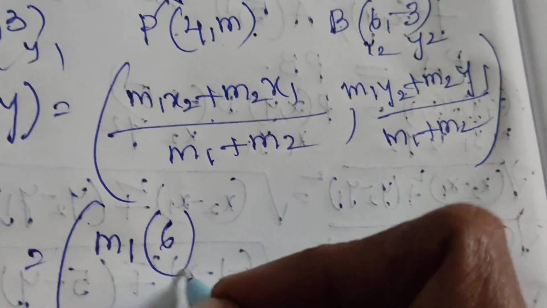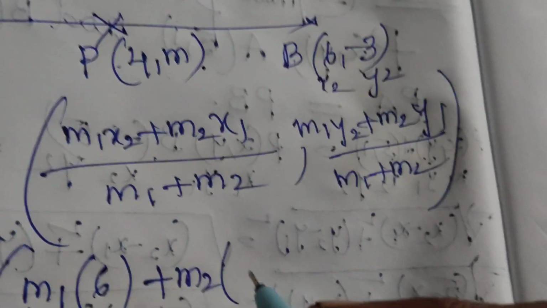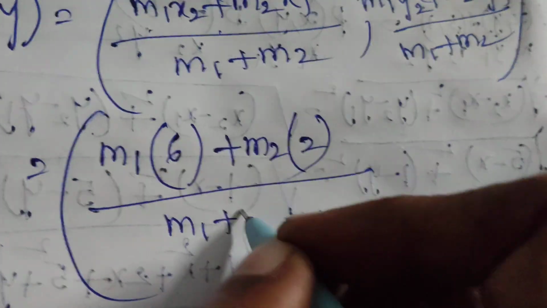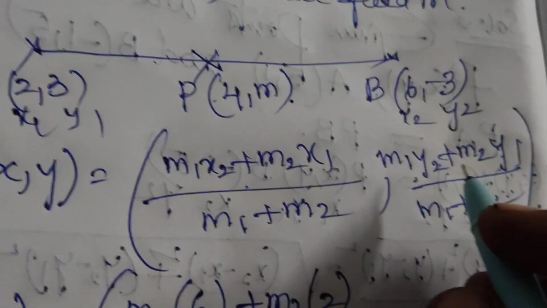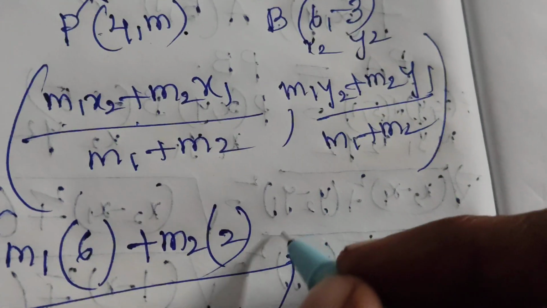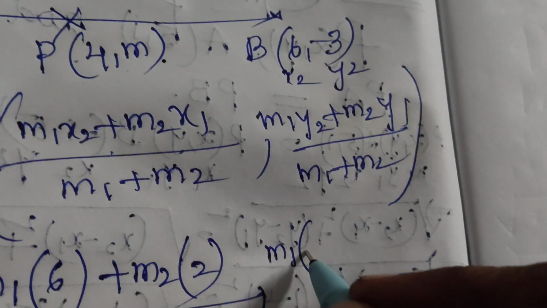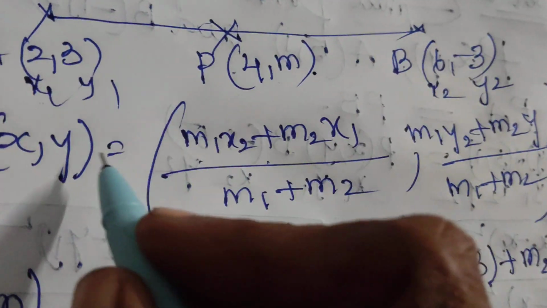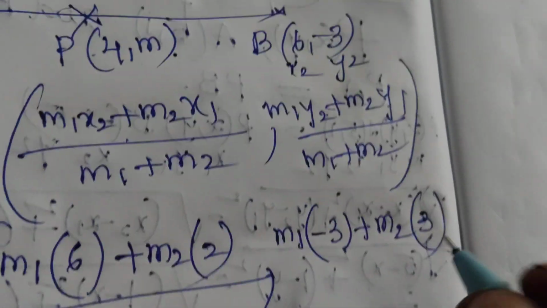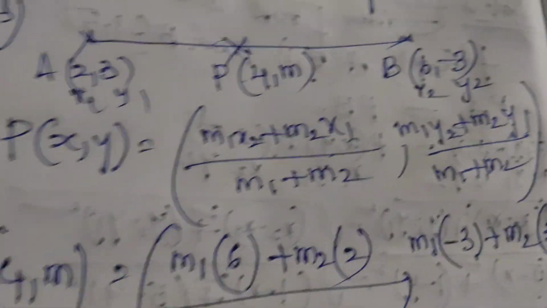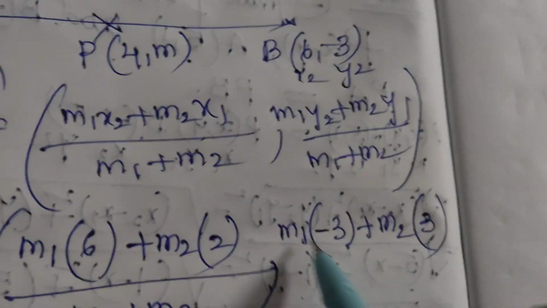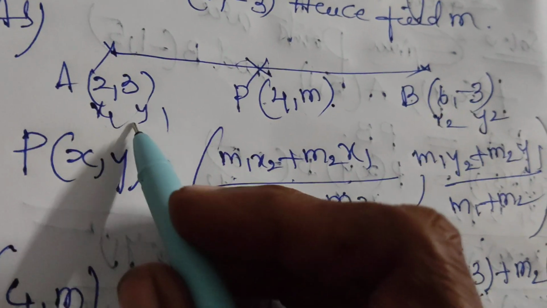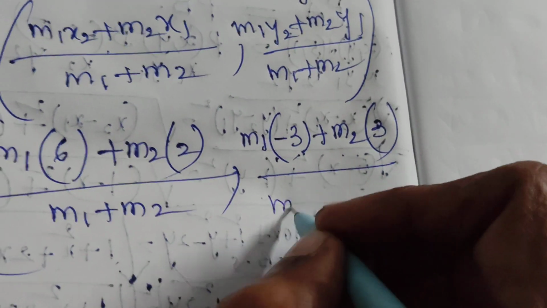Therefore, m1 into x2 means 6, plus m2 into x1 means 2, by m1 plus m2, comma, m1 y2 means -3, plus m2 y1 means 3, by m1 plus m2.